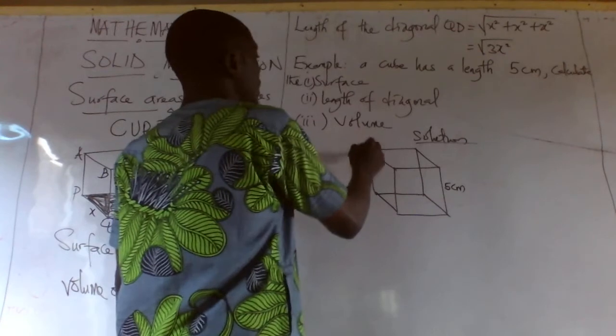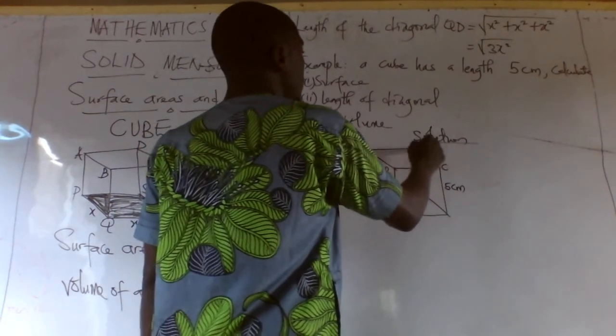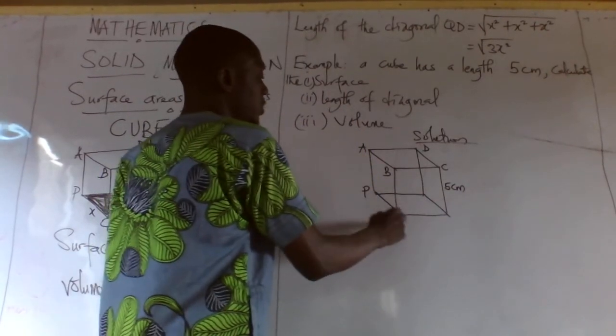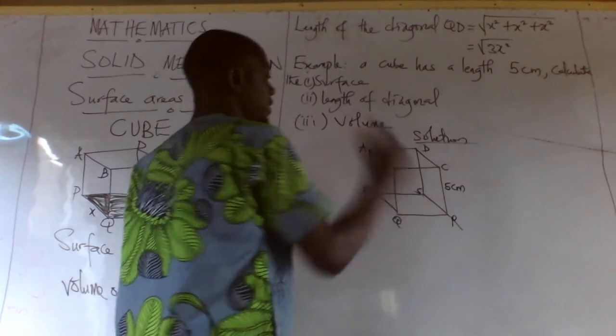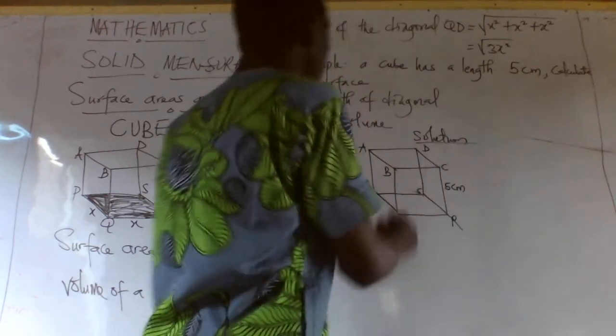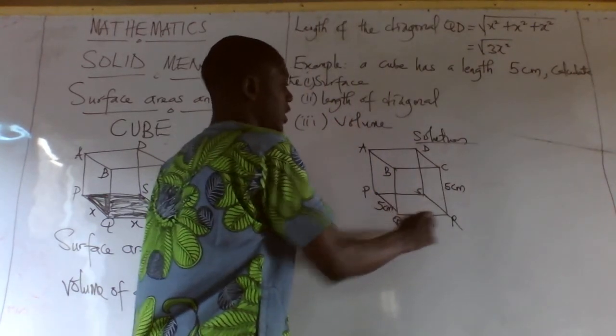Let's say this is A, B, C, D, and as we did before, P, Q, R, S, for instance. Good. So we have 5 centimeter in all.